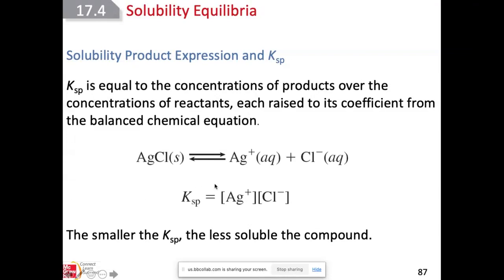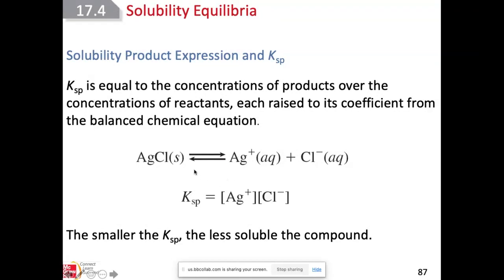So let's say I have AgCl. It's a solid, and you know from chapter 4 that chlorides, bromides, and iodides are soluble, except when they have Ag+, Pb2+, and Hg2 2+ ions. They combine and become insoluble. But even though AgCl is insoluble, a very small amount of ions will be present in the water, Ag+ and Cl-.